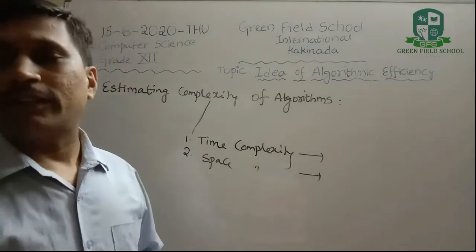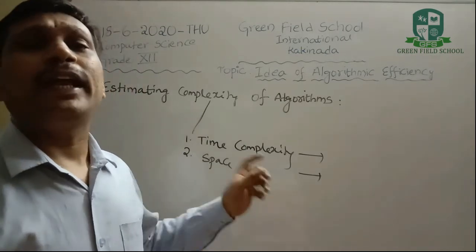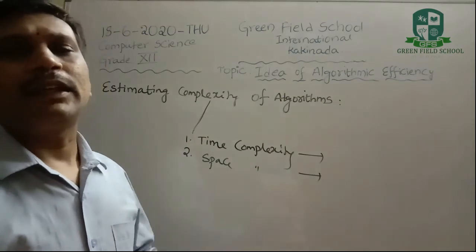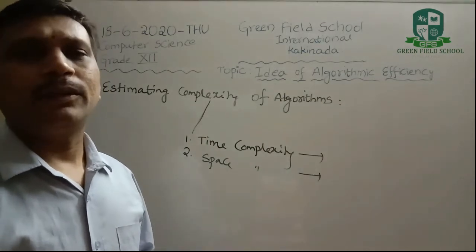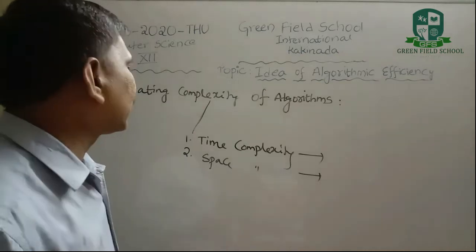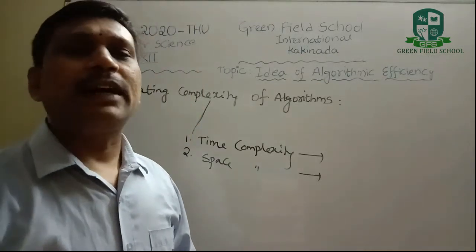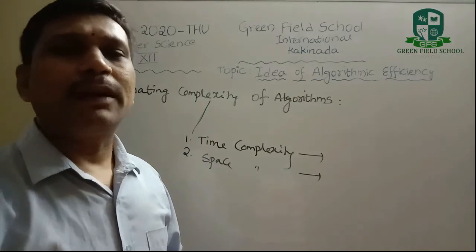Some memory is required for that instruction, and for the variable a we store the value 10, which requires 2 bytes of memory. In this context we calculate space complexity and time complexity.